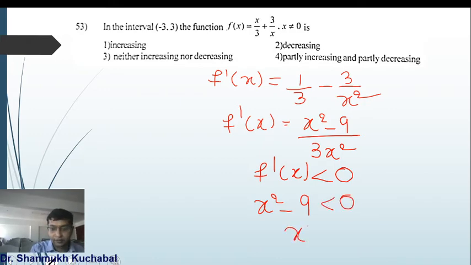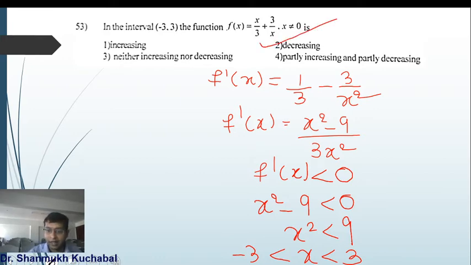So x square is less than 9, so x value we are going to get as between minus 3 and plus 3. Therefore f of x is a decreasing function. So in the interval -3 to 3, the function is decreasing, right? So like this we have to solve it. Okay, you can take a screenshot of this.